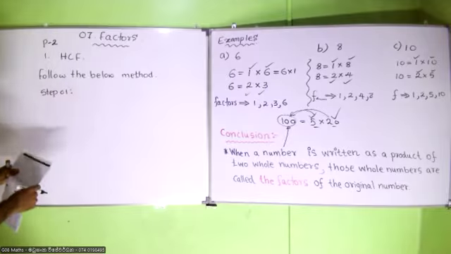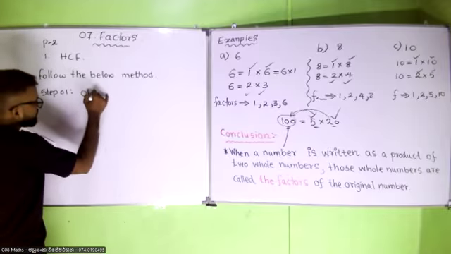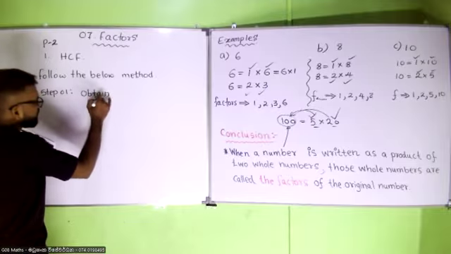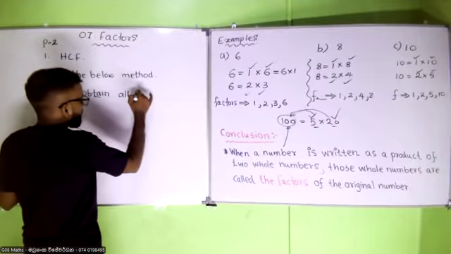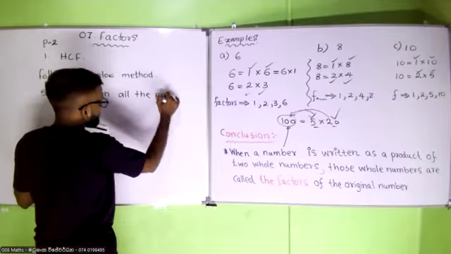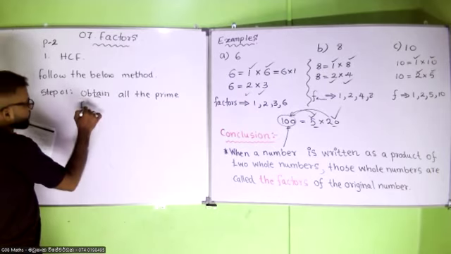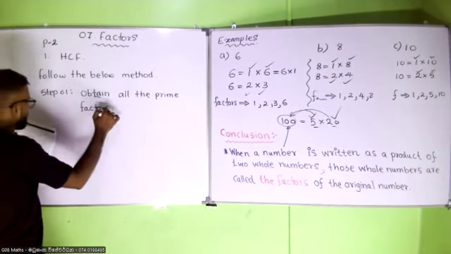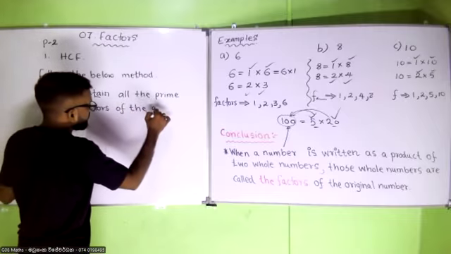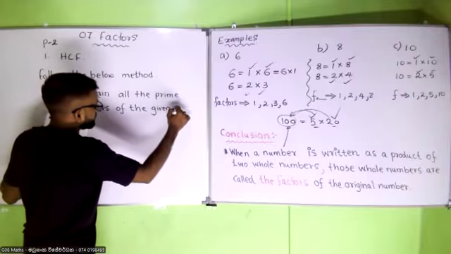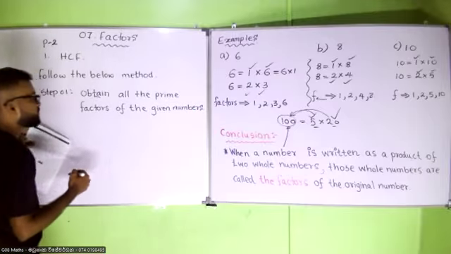So step number 1 would be: obtain all the prime factors of the given number. So this is the step number 1.